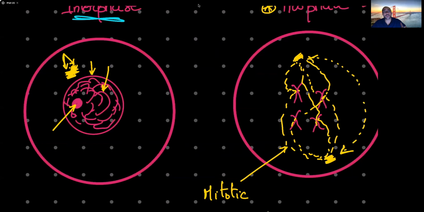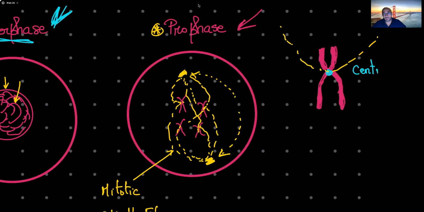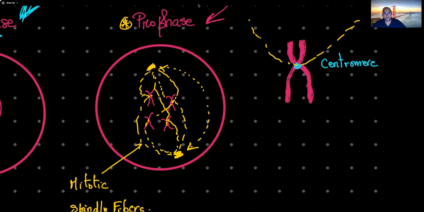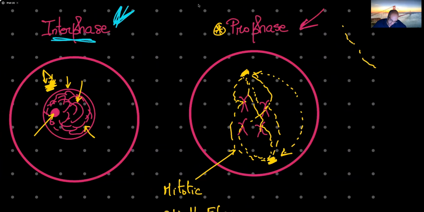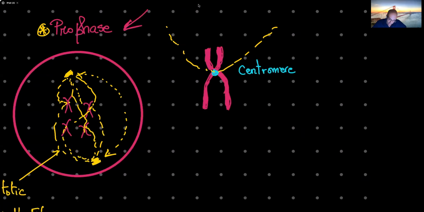When the cell starts its mitotic division, it passes through the first phase, which is prophase. What happens during prophase? The chromatin, the DNA, the genetic material is going to be condensed to form chromosomes. Each chromosome is going to have two sister chromatids attached to one another by the centromere.